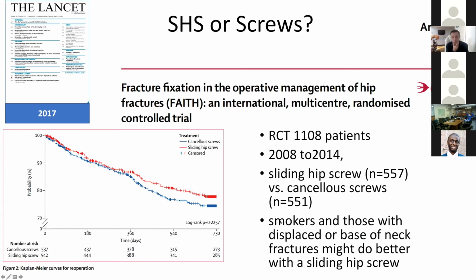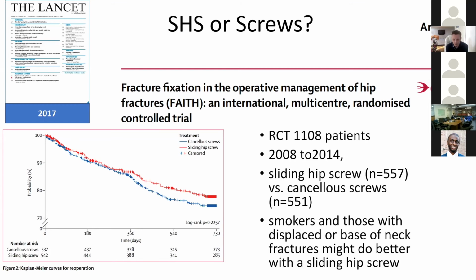So what about once you did a reduction, open or closed, should you use a plate and sliding hip screw, like a DHS that we use here, or just the cannulated screws? For this, you have a nice study. It was published in 2017 in The Lancet. 1,000 patients, this time it's a prospective randomized control trial, and they compared these two implant options for femoral neck fractures.